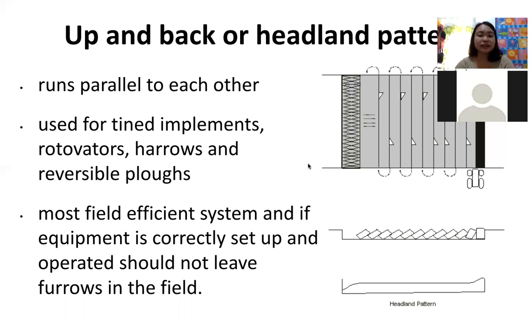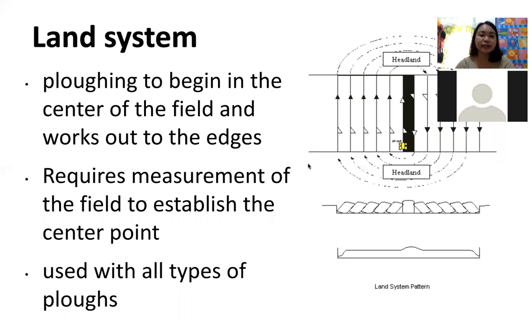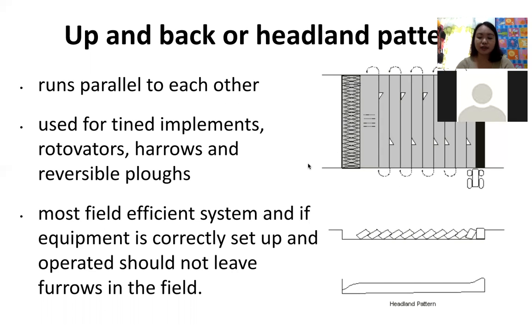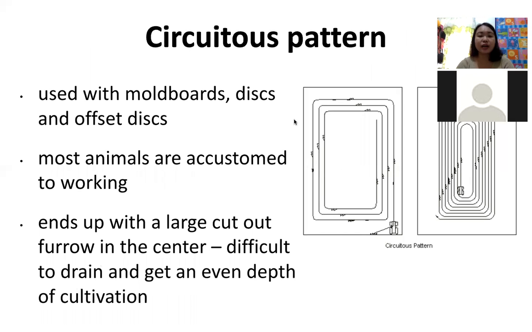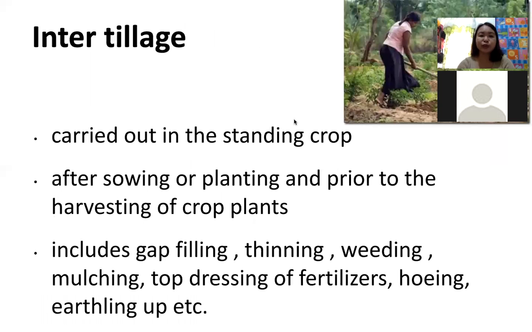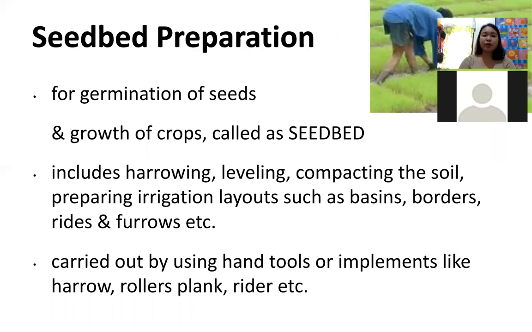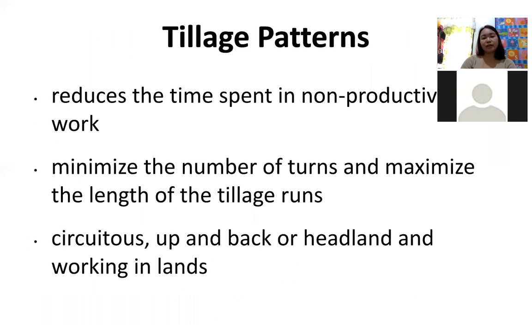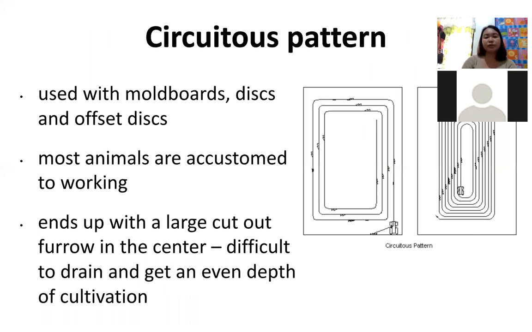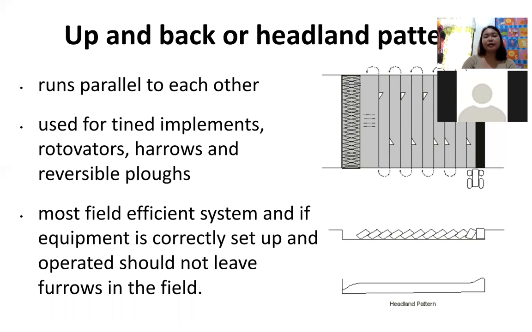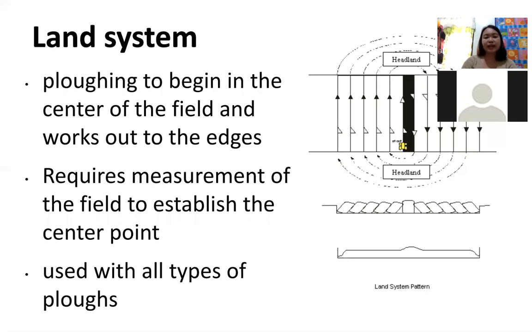So anyway, in continuation of last time, which is land preparation, we have now the secondary tillage, and these are the different patterns used for tillage. Again, for tillage patterns we have the circuitous pattern, up and back, and the last one is the land system.